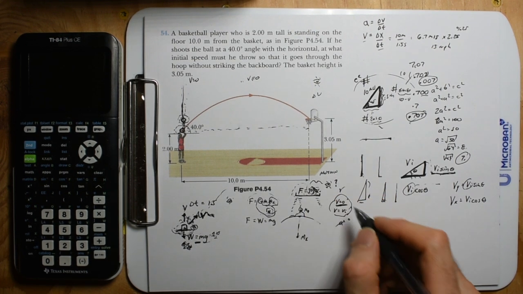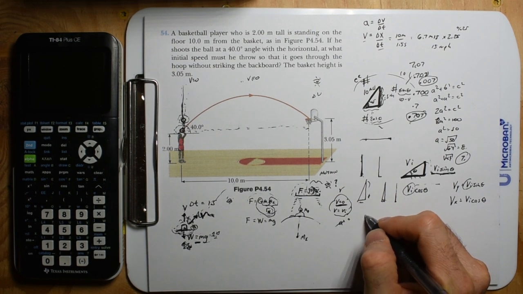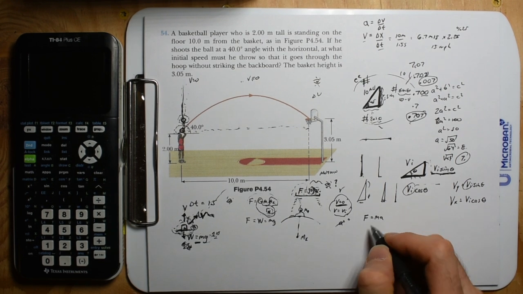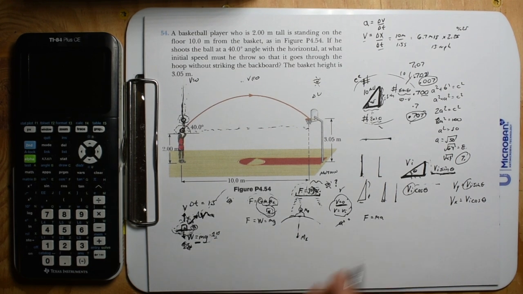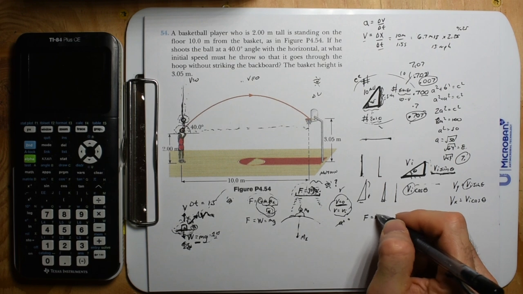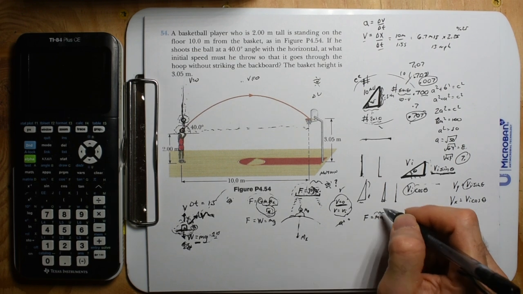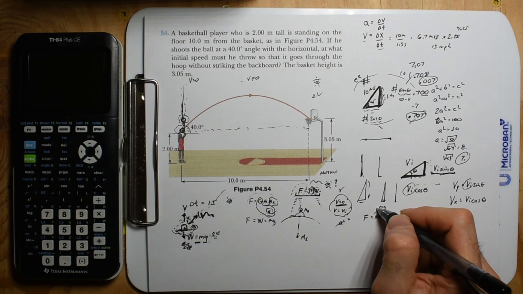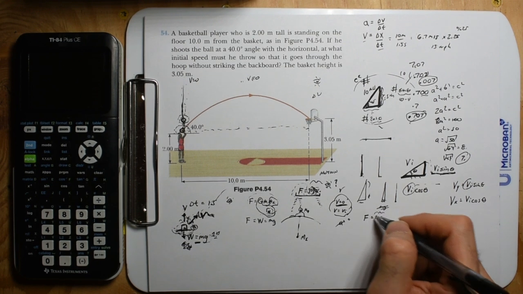So now we go back to our F equals ma equation and say, what does that mean? We have a force equal to mass times acceleration. Now this is the tricky part. What side do you put them on? Because this almost looks like mg over here. But this is the biggest hiccup of trying to use F equals ma.